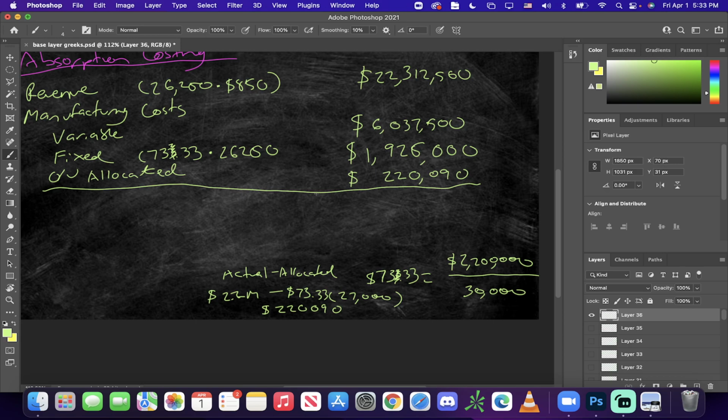Manufacturing fixed costs over planned units times number of units sold. Wait, so is the 27,000 not the units planned? It's somewhere else. Oh, 30,000. Exactly. Oh, okay, I see what I did wrong.